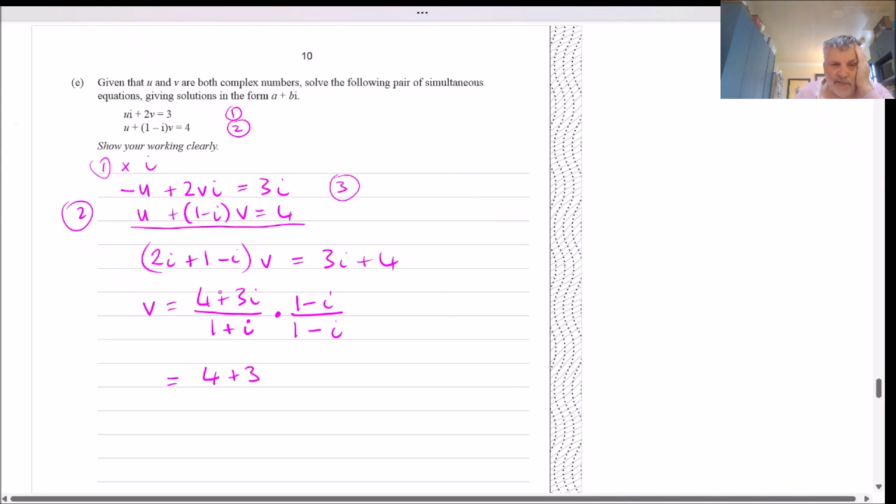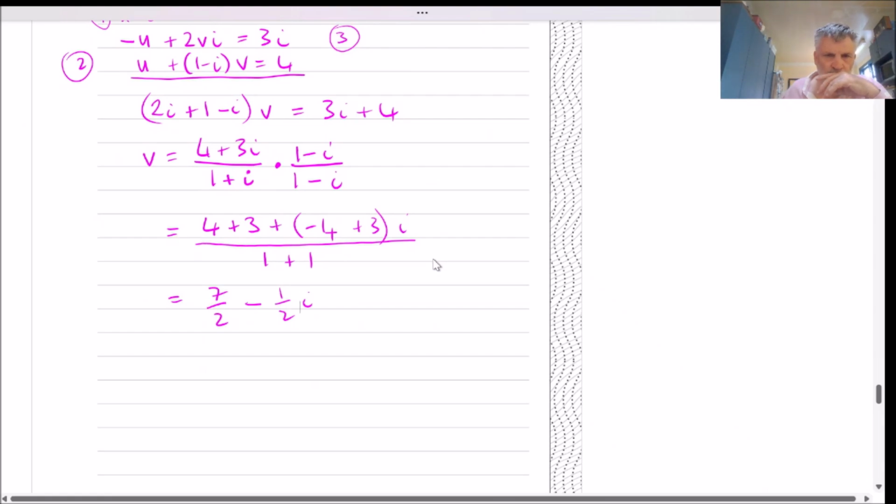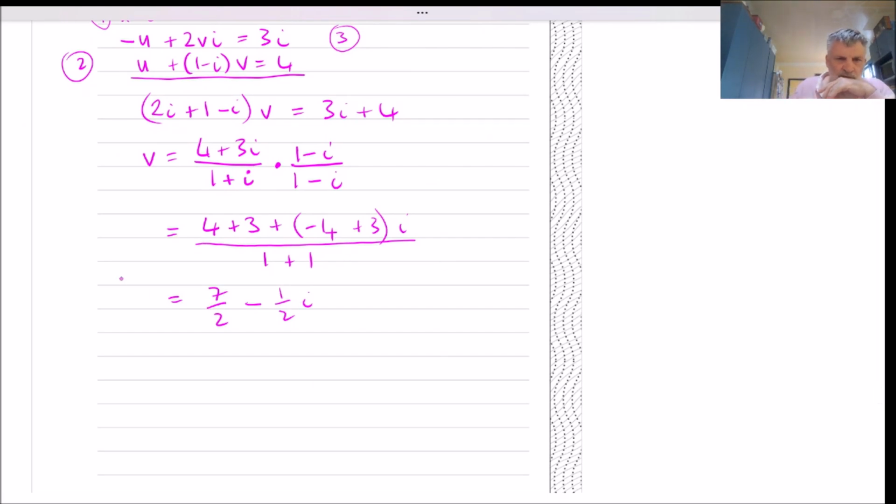And then the complex parts, 4 times minus 1 is minus 4, and 3 times 1 is plus 3i. And this bit here becomes 1 plus 1. So we get 7 over 2 minus 1 over 2 i. So that's v.